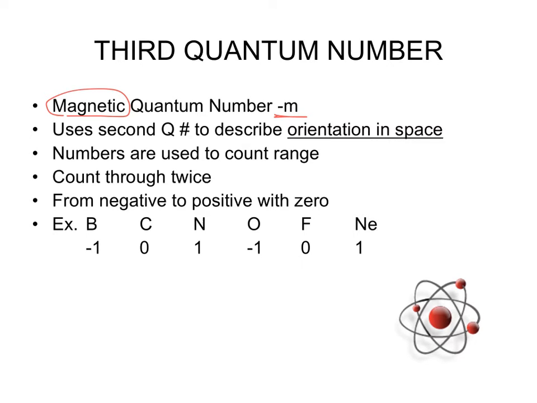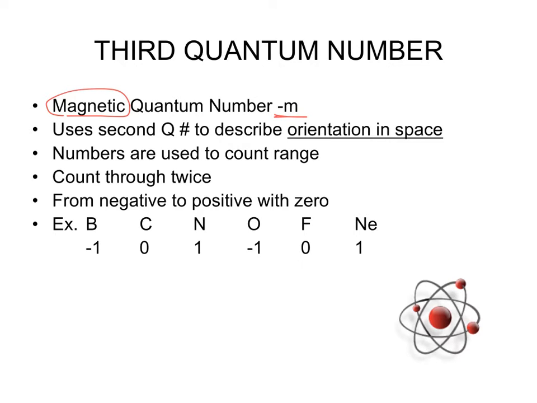So we talked about what shape the orbitals take on, but within those orbitals, you have some sublevels. Electrons can occupy an orbital with 2 electrons, and they have to go in a specific path in order to not collide with others. And we are going to be looking at their orientation.